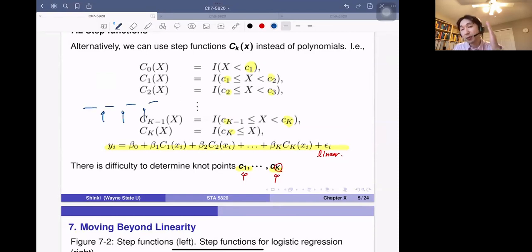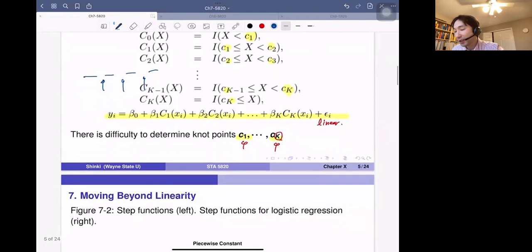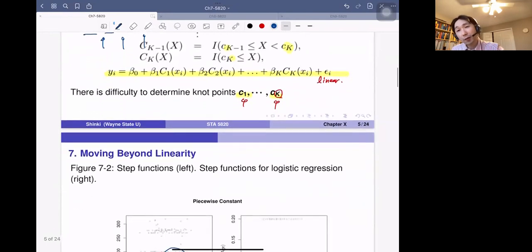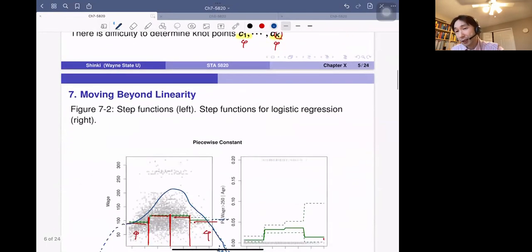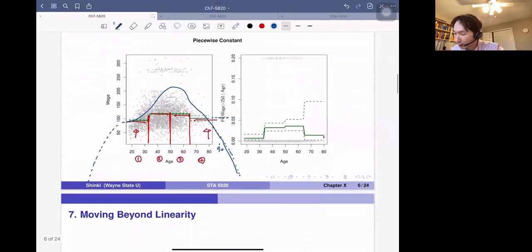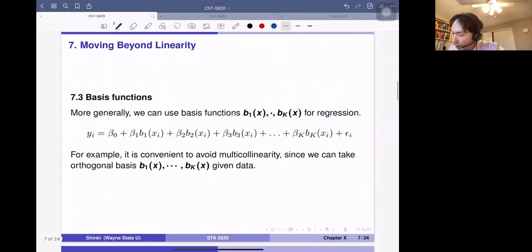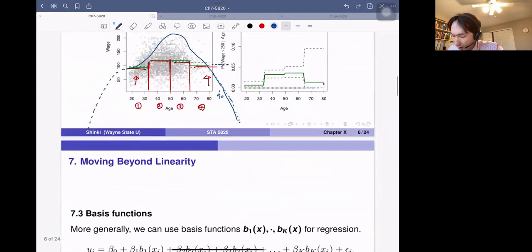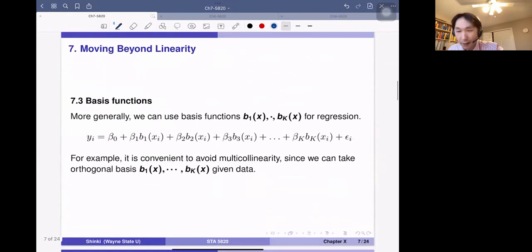For example, if you fit the cubic curve and the step function with 4 levels, then it looks like we have the same levels. But if you also consider that you handpicked the knot points, then basically you have more freedom. So probably you have to do cross-validation to check whether your model is better than other models. Okay, so that's a good question. Any other questions?